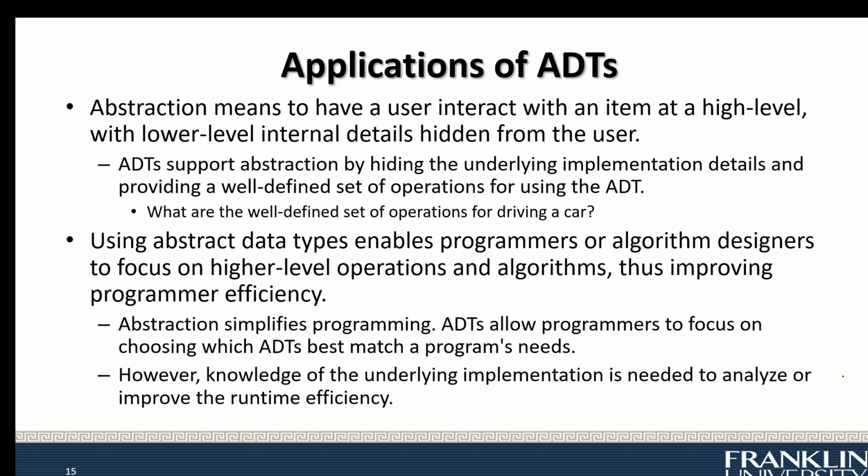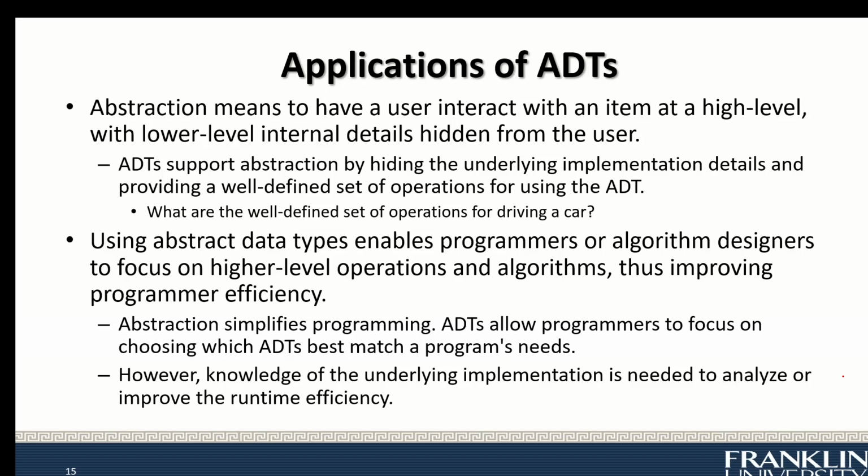For example, if you think about driving a car, since self-driving car is one of the hot topics, what is the well-defined set of operations for driving a car? How do you drive a car? And most importantly, how do you avoid accidents when driving a car? Driving a car is easy, but how to avoid an accident is not that easy, right?